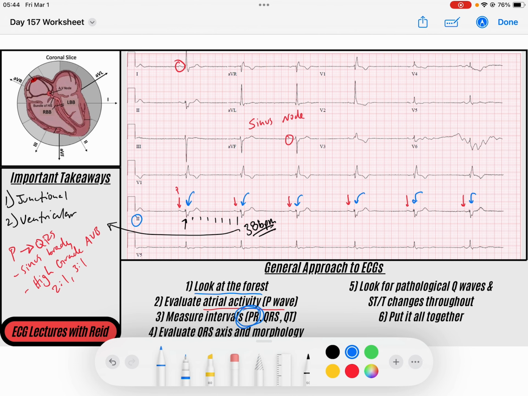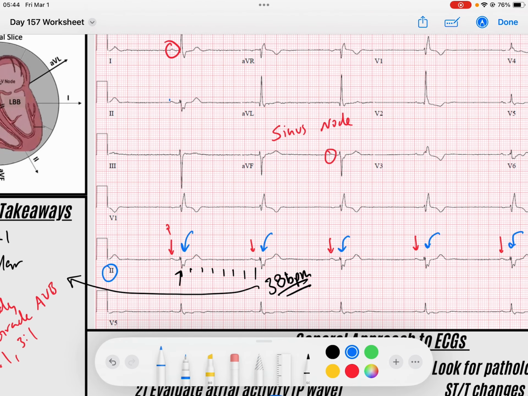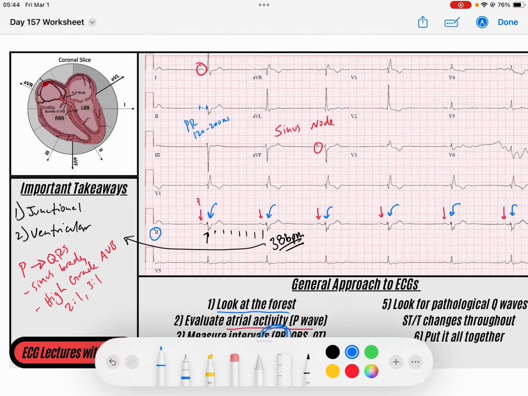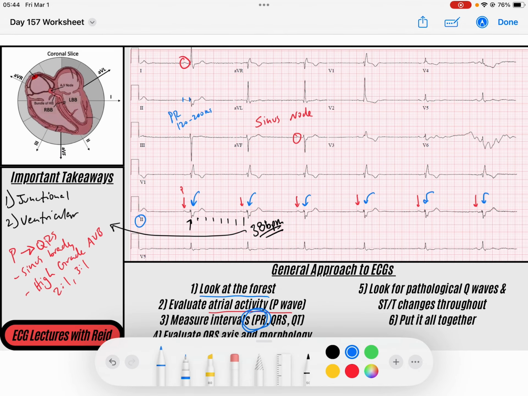So I look at the PR interval first, and I see my PR interval here is within normal limits. So my PR interval is within 120 to 200 milliseconds, which is normal. When I scan through all of the beats, I notice that every PR interval seems to be the same. And I look in the middle of the QRS complexes to find any extra P waves.